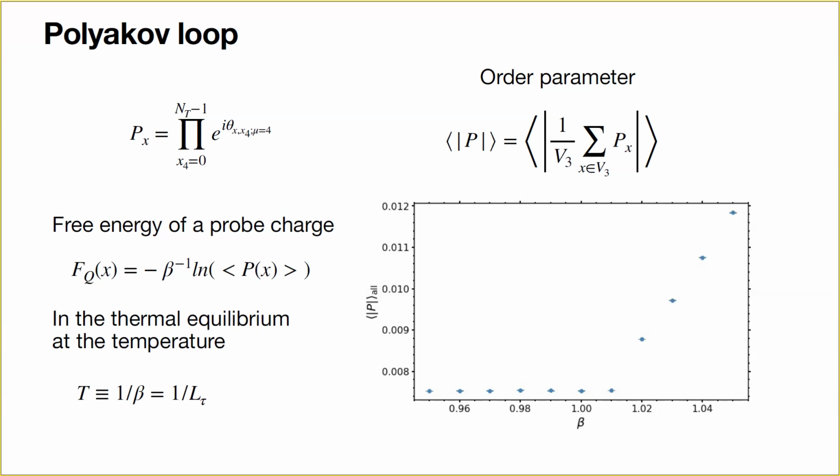This is the free energy of the probe charge in thermal equilibrium at the temperature defined by the imaginary time direction and its scale. And this Polyakov loop is the order parameter of the theory, because if you have a confinement-deconfinement phase transition at finite temperature, it is zero in one phase and non-zero in the other phase. So we can use the Polyakov loop as an order parameter.